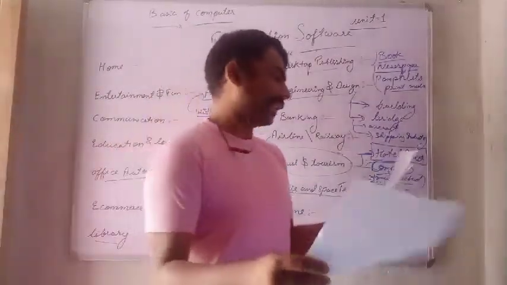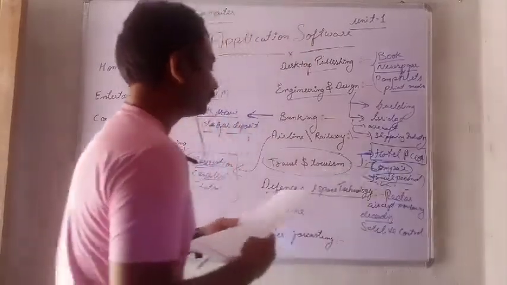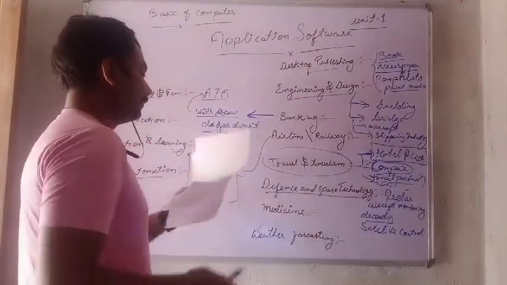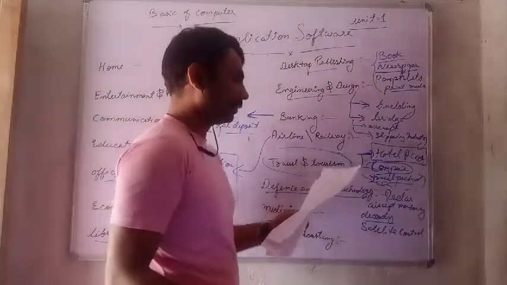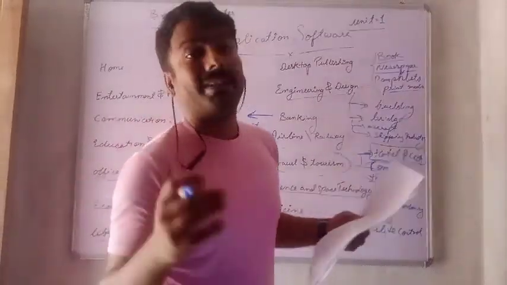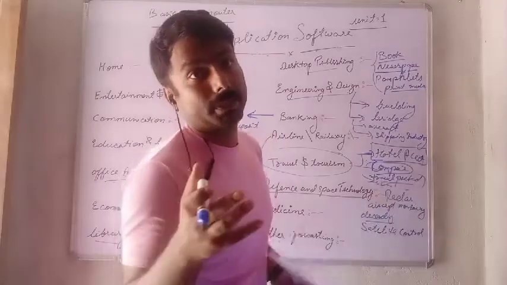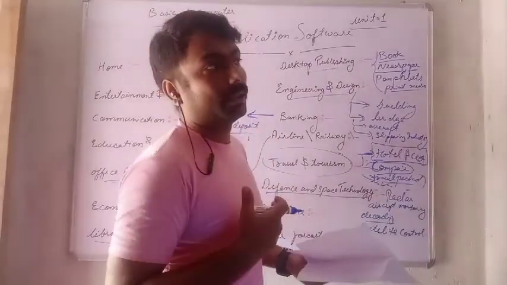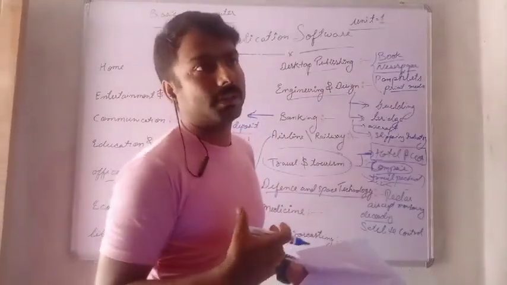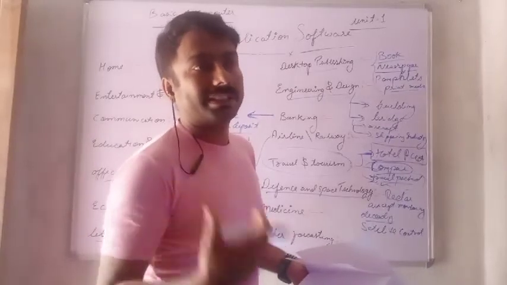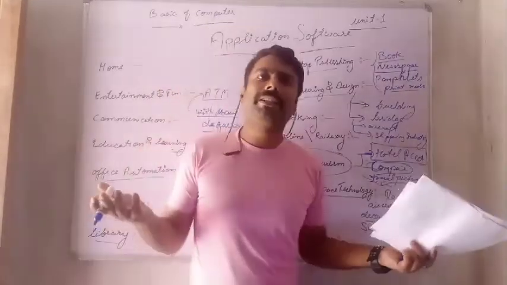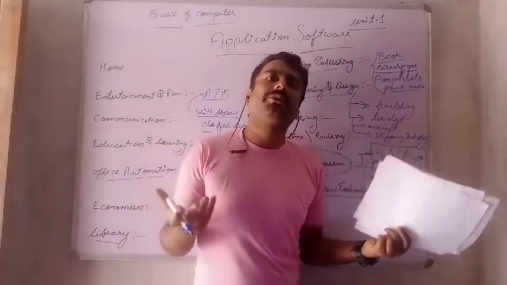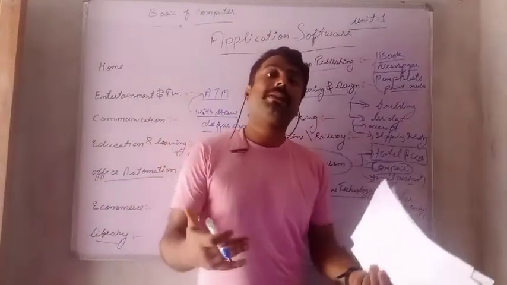Then after, second last, medicine. In medicine, of course, so many application software are used. Like to diagnose somebody, you might go for an ultrasound or for scanning, CT scan, MRI. So many machines are there in the medical department which require software and are executed by the computer only.